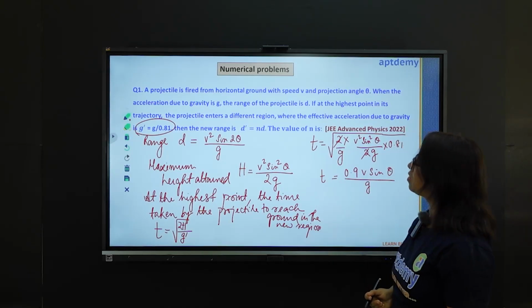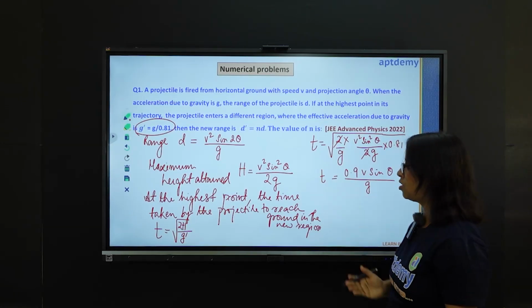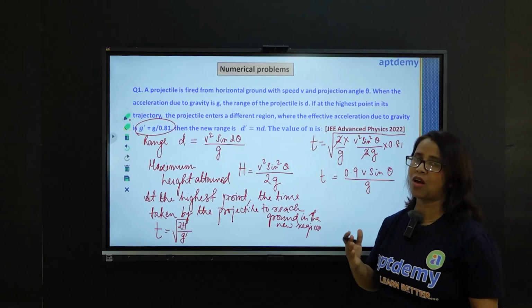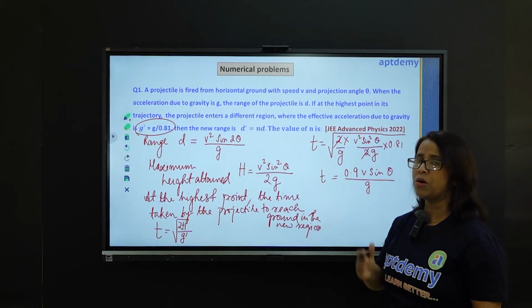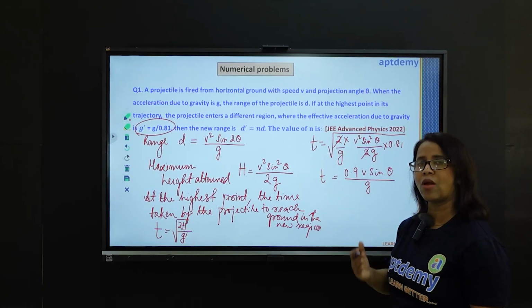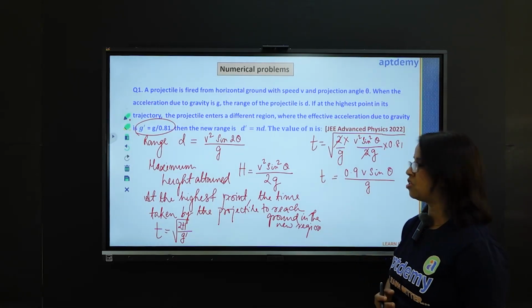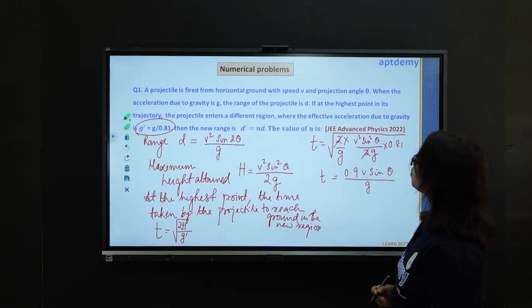So this is the time taken by the projectile after it has entered the new region to reach the ground. Till before that, it was travelling with a certain speed, but after entering the new region, the time taken by the projectile to reach the ground is given by this.